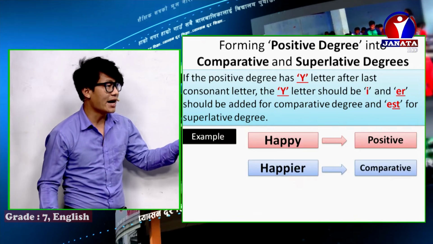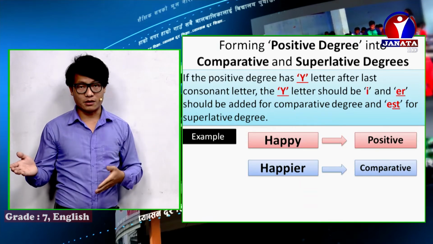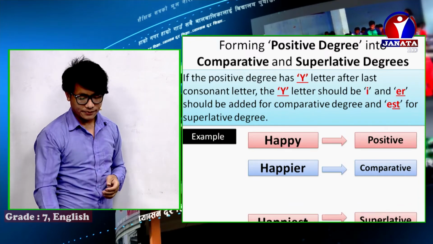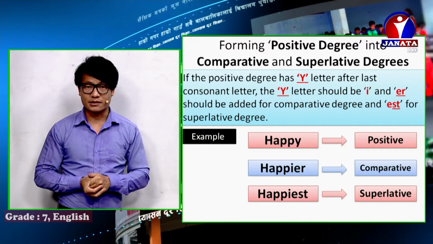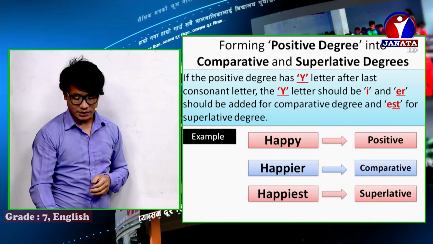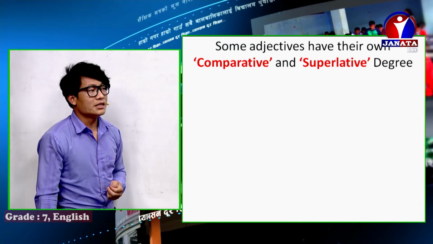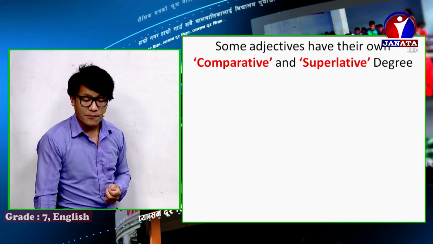You can see this side. Happier, this is comparative, and happiest, this is superlative. So now another one is here. Some adjectives have their own superlative and comparative degree.